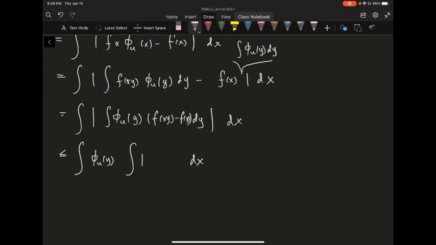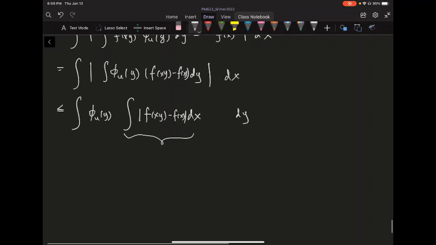And let's do the difference between f of xy minus f of x, dx, and the whole thing goes to dy. And this middle thing, if you rewrite this f of xy, it looks like basically the right translation r_y of f, and then you minus f, and you integrate the absolute value. So this is essentially the 1 norm.